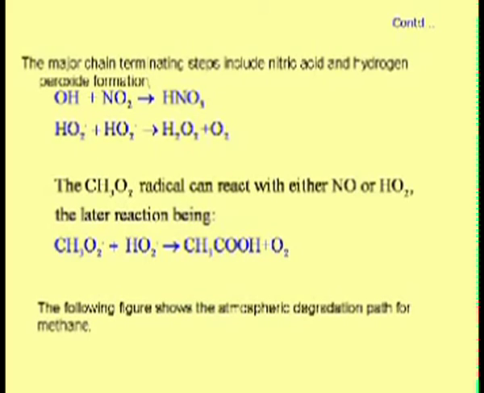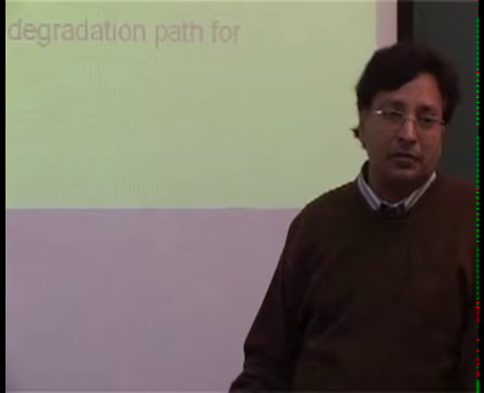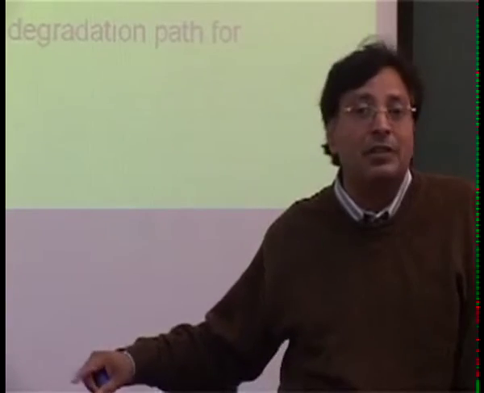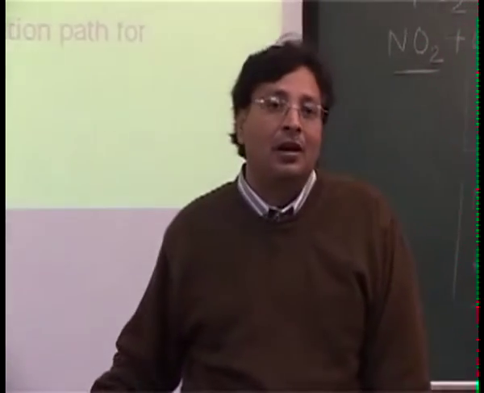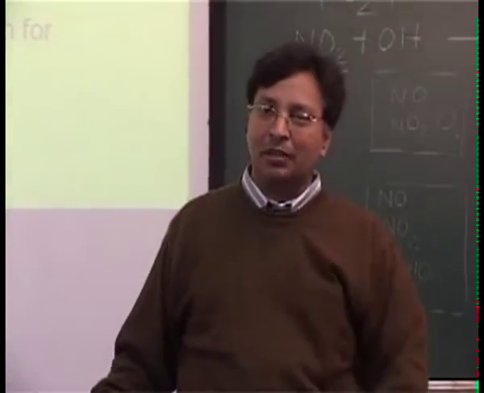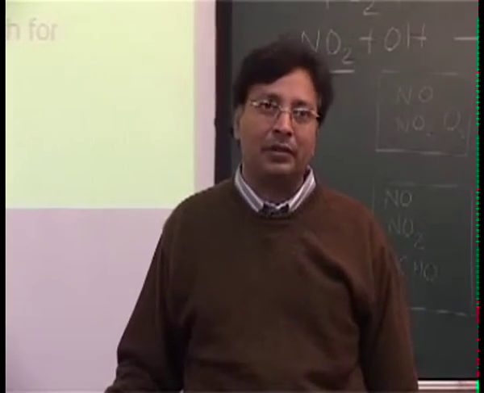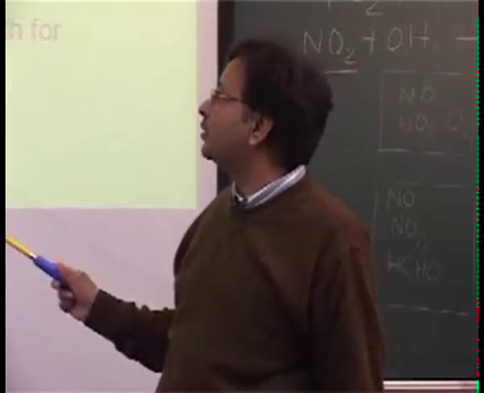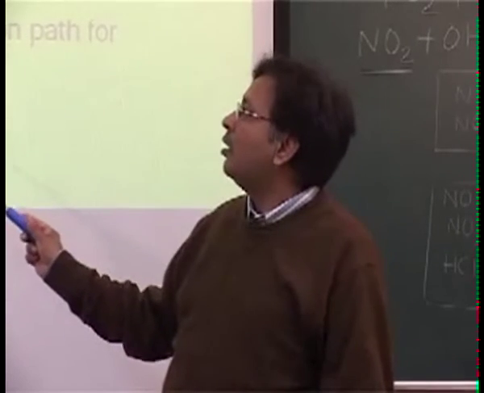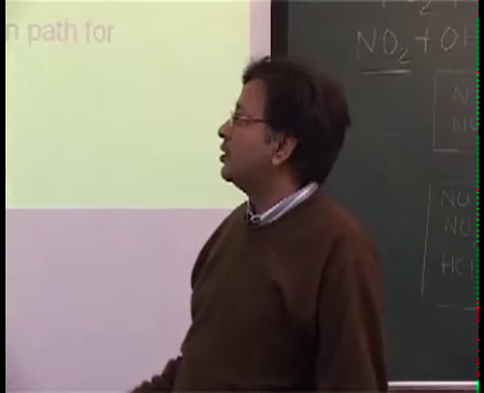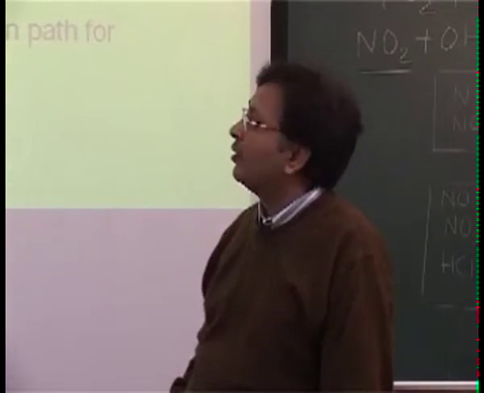And if it reacts with HO2, it produces acetic acid in the atmosphere. And these reactions are all feasible reactions. We are not talking about something like, oh well, let's try out something will be formed. No, they are formed. People can measure this, and we had not thought that it can even produce acetic acid concentration.